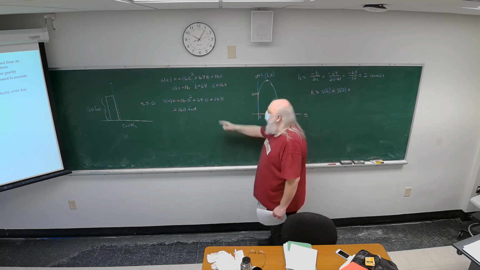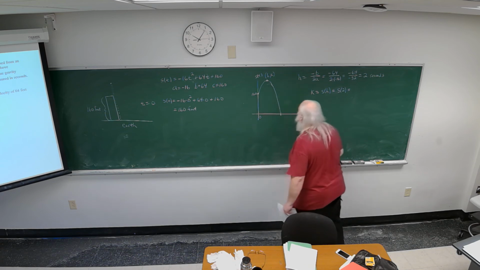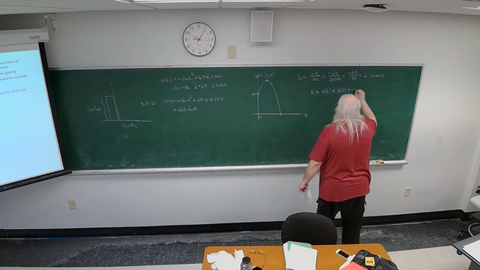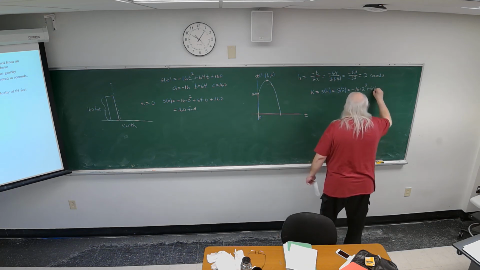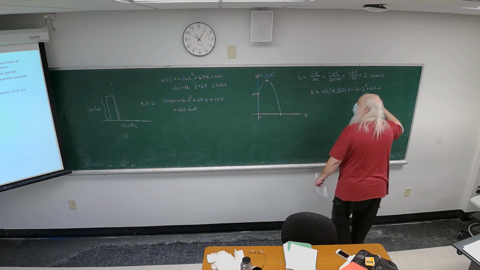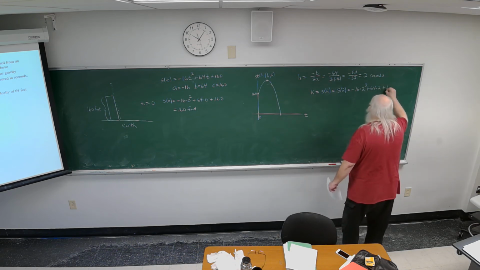So we put 2 in for t on the right hand side. We have minus 16 times 2 squared plus 64 times 2 plus 160.